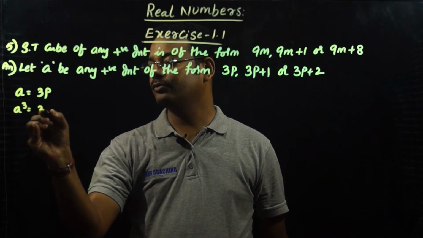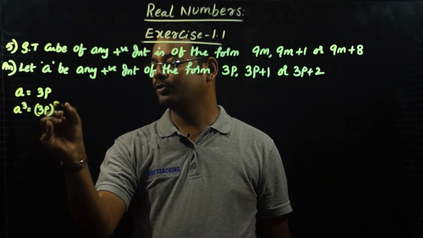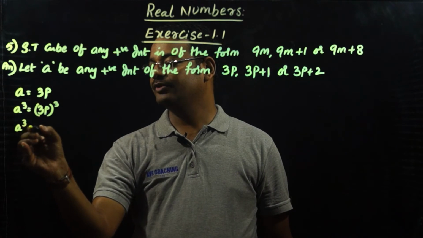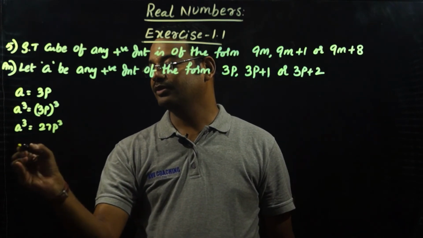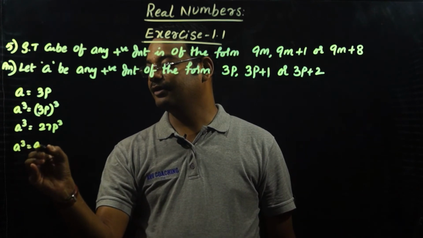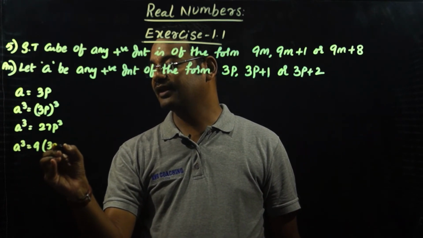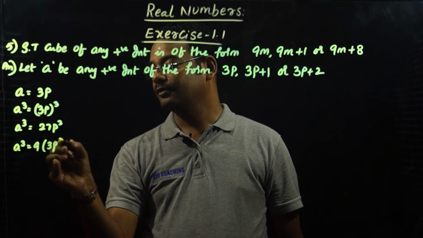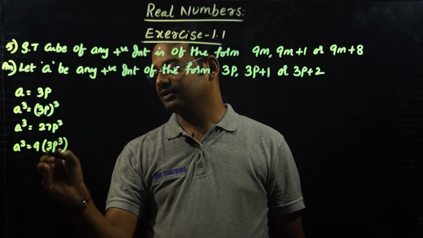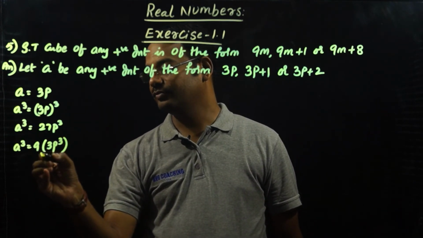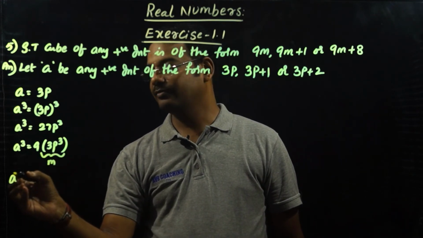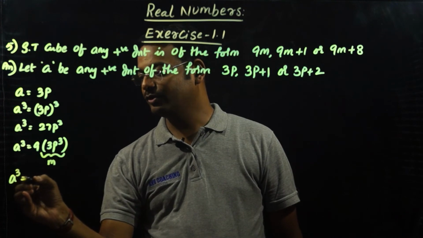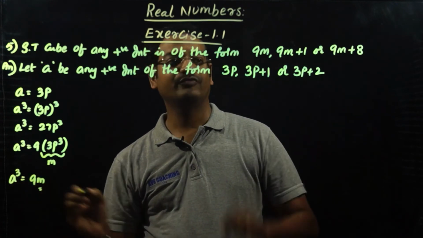A cube equal to (3p) whole cube. That is A cube is equal to 27p cube. Now if we take 9 common, we will be left with 3p cube, since 9 times 3 is 27. Now if we assume 3p cube to be m, this will become A cube equal to 9m. So we got the first one.